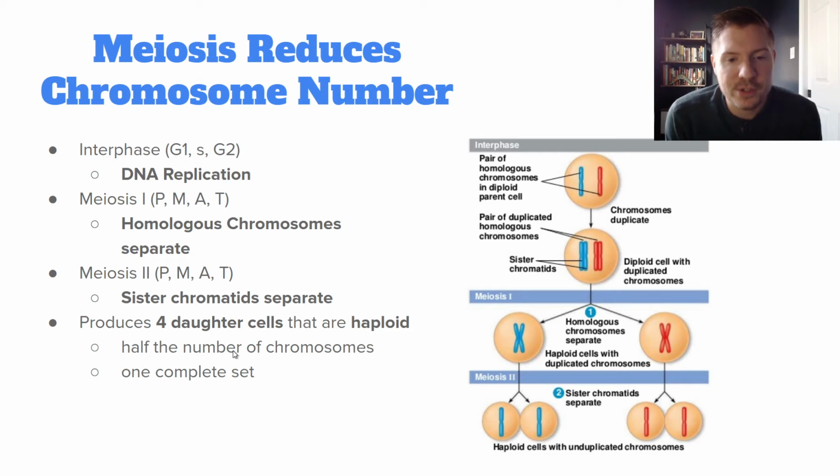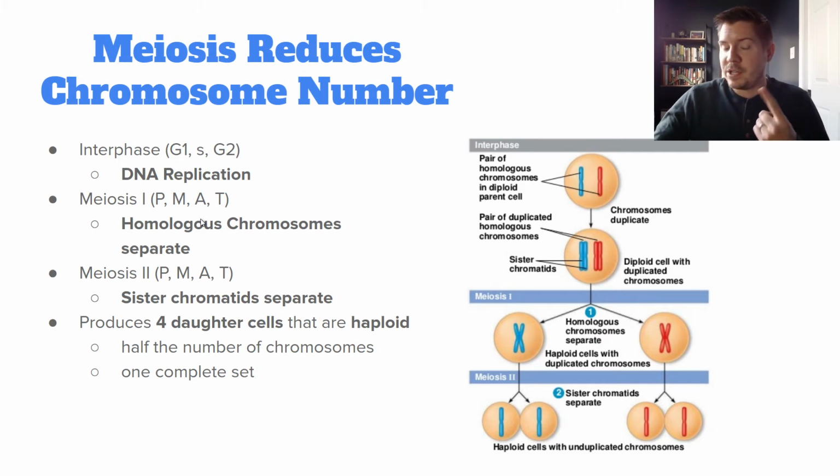All right, so let's get into a bit about the process of meiosis. We've learned a bit about the cell cycle, with interphase being the stages G1, S, and G2, and you get DNA replication in stage S. Meiosis, unlike mitosis, is two divisions. So you have meiosis 1, where you go through the 4 stages, PMAT: prophase, metaphase, anaphase, telophase.